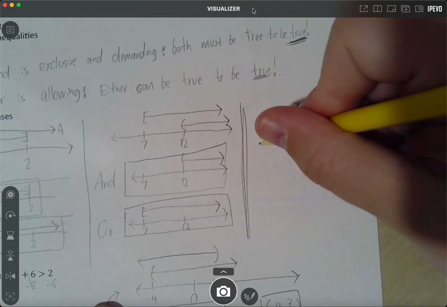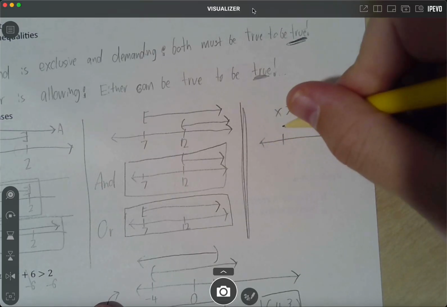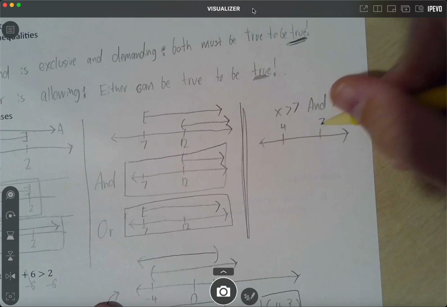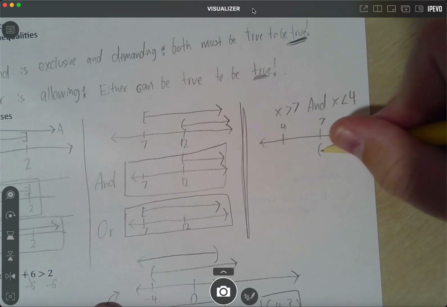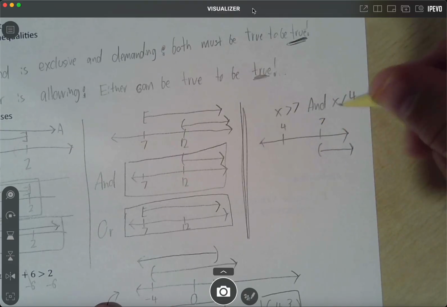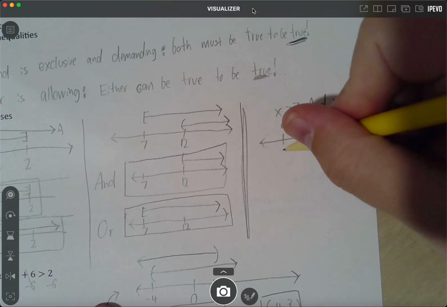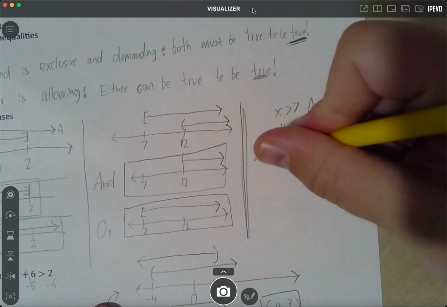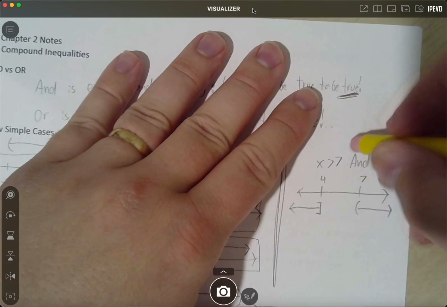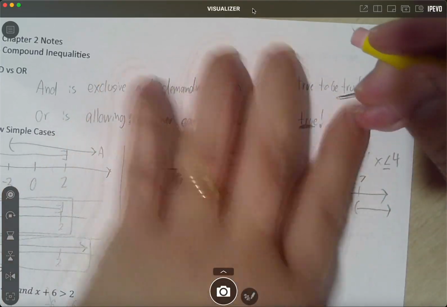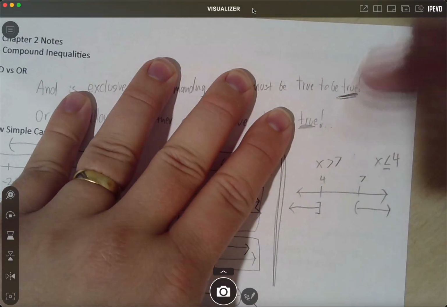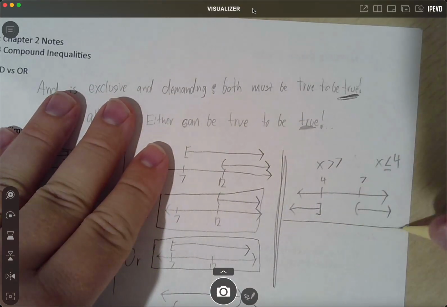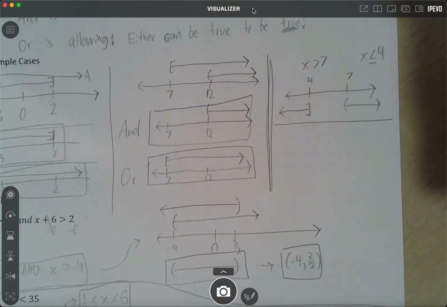If I had that, I would have 4, I would have 7, x is greater than or equal to 7, x is less than or equal to 4. Maybe let's not put it there yet, and now let's answer what these 2 graphs would look like.